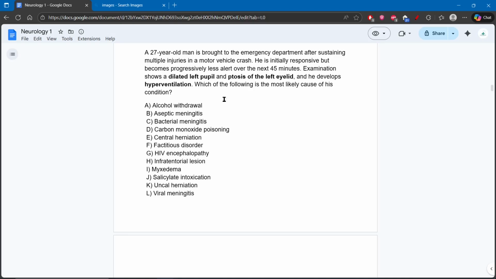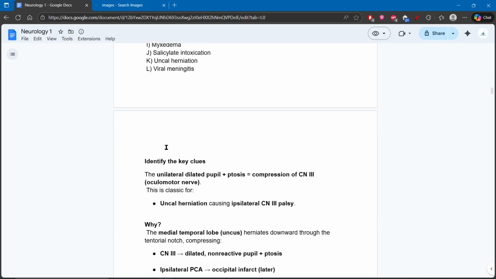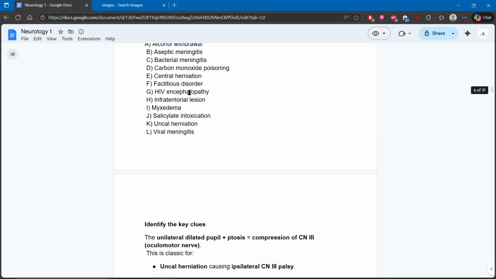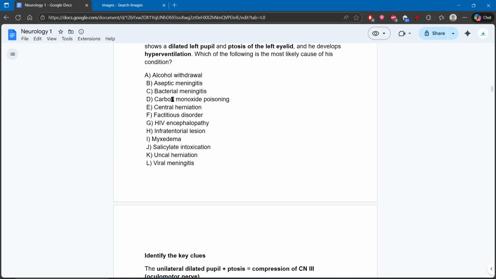All right. So first, you need to identify the key clues. Unilateral dilated pupil and ptosis is pointing us towards the compression of cranial nerve 3, the oculomotor nerve. Now, in what conditions does this happen? If you ask yourself, then most of these written here will be excluded.